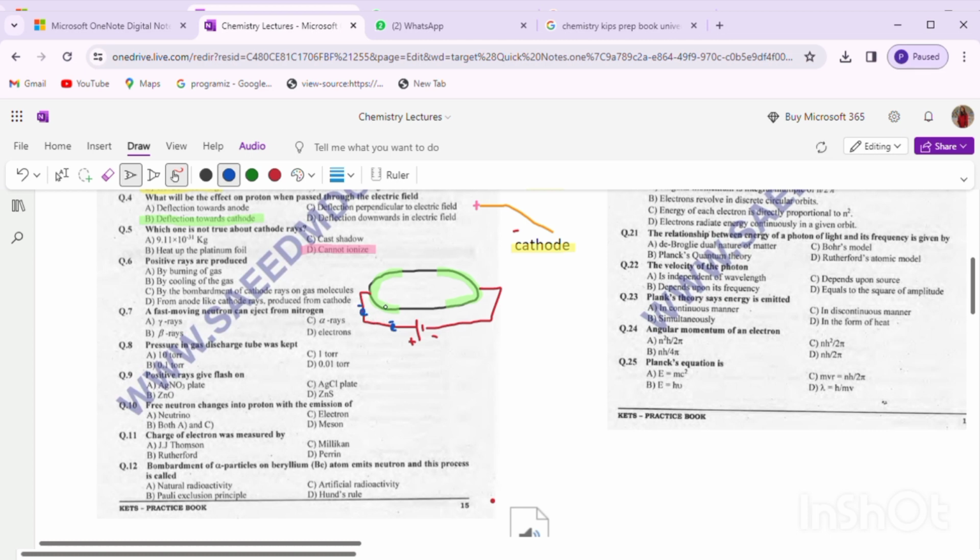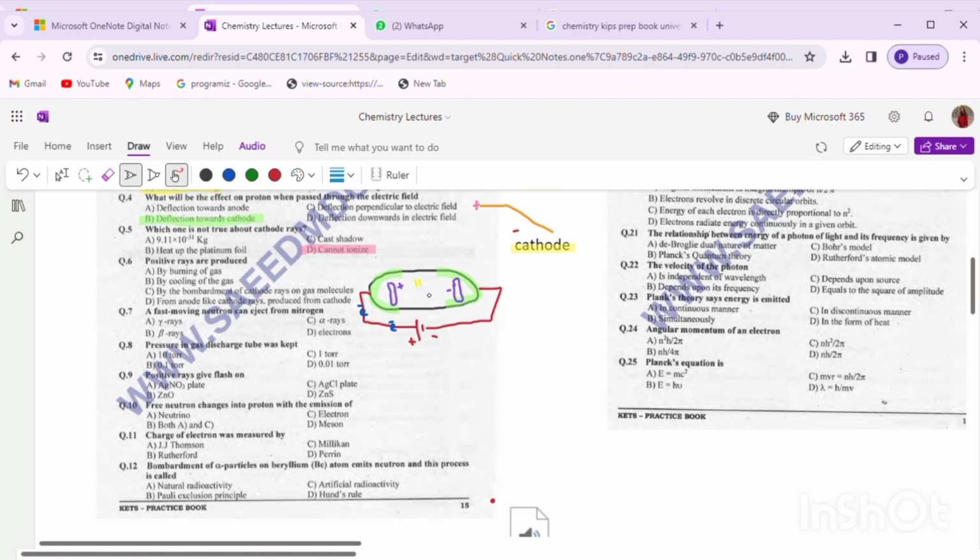right? And here we have discussed that here we have basically anode, right? Here we have cathode. Cathode has negative charge, anode has positive charge, right? So when electron will pass from here, we know that the entire discharge tube is filled with the gas, right?